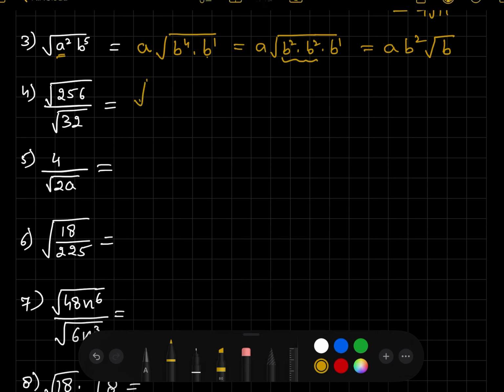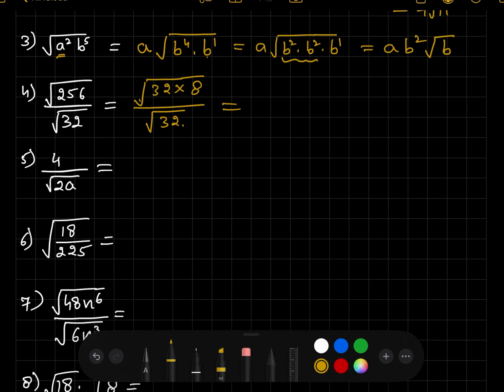Let us move quickly to the next one. Square root of 256 divided by 32. So 256 can be written as what? Can we write it in terms of 32 times something? We can write 256 as 32 times 8. Yes, 8 twos are 16, 8 threes are 24. So we can write 256 as 32 times 8, and this 32 stays as it is.